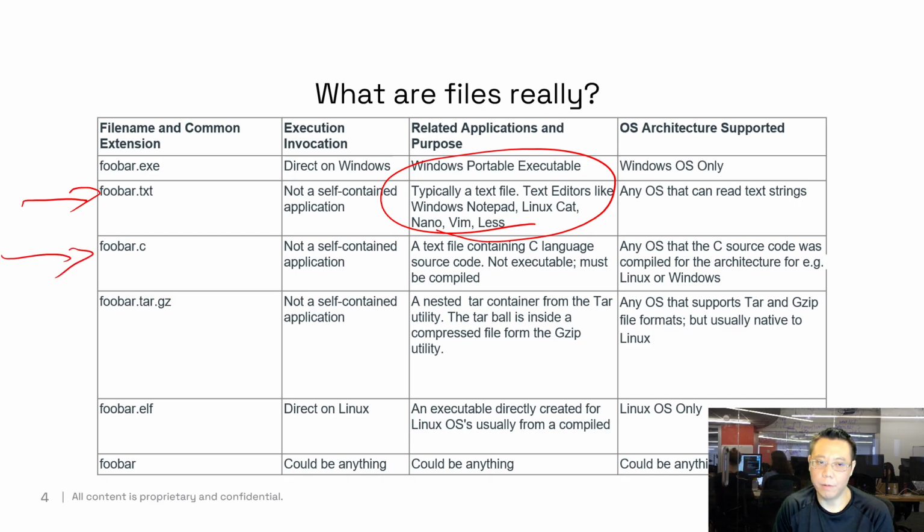Similarly to just data, we have foobar.c. .c is a suffix indicator saying this is C source code, and while you can't immediately run it as an application, you need to compile it. If you have compilers or other editors that are knowledgeable about the C file extension and syntax, you can compile that source code using a compiler such as GCC or MinGW, and we'll see that in later lectures.